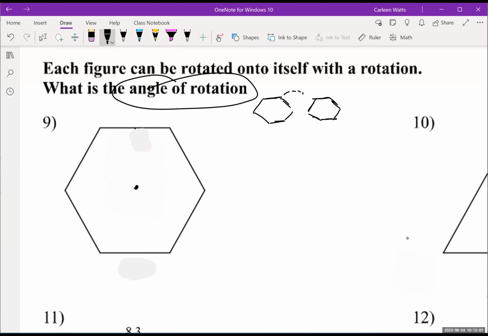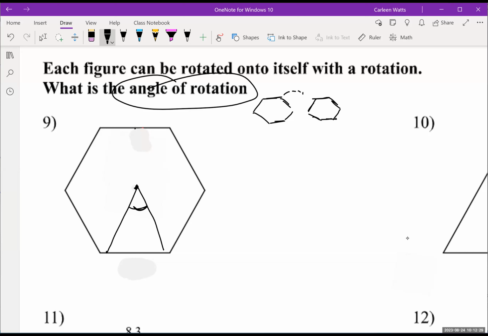By the way, this is a regular polygon, 6 equal sides. Okay, awesome. We don't know yet. What if I drew this? Can you see that that is the angle of rotation right there?